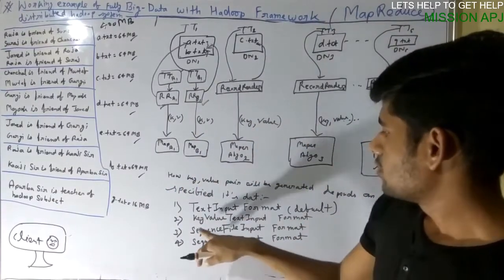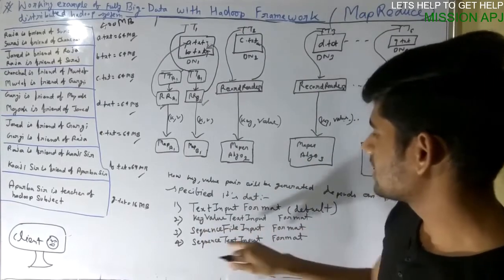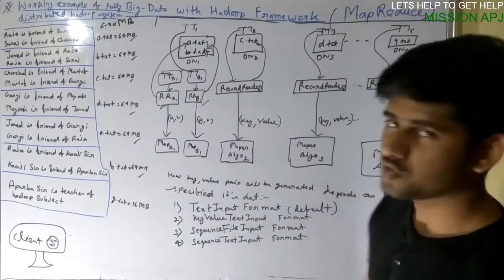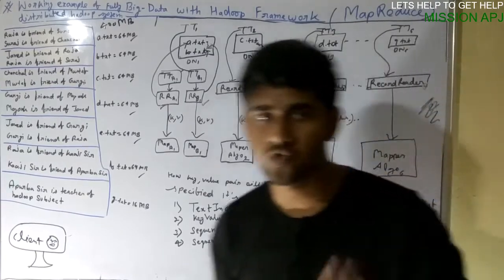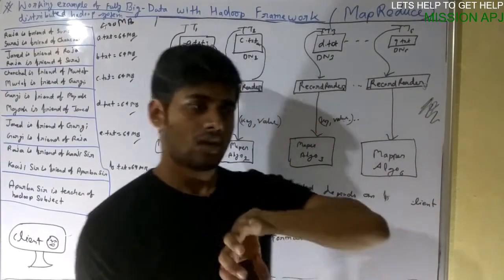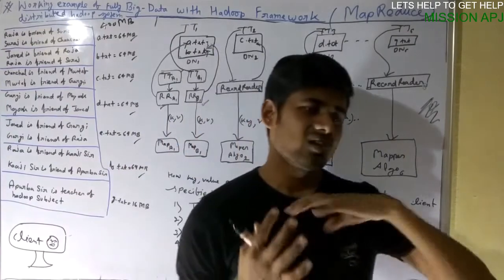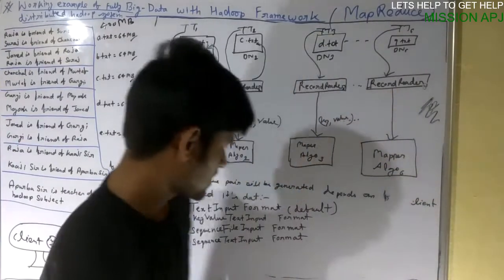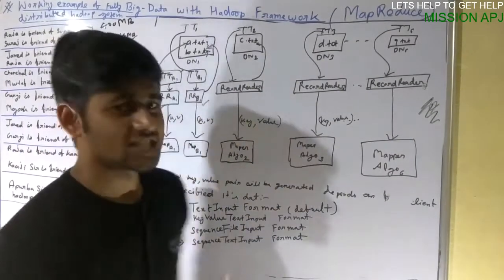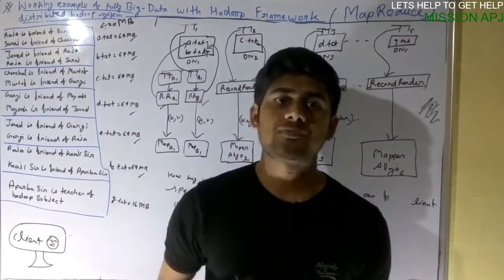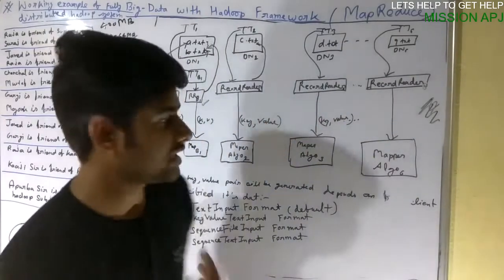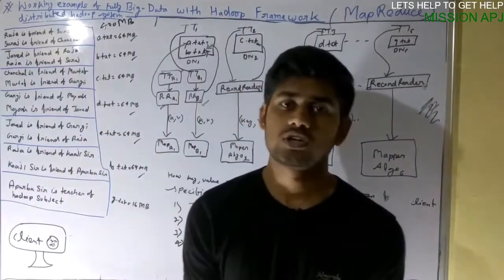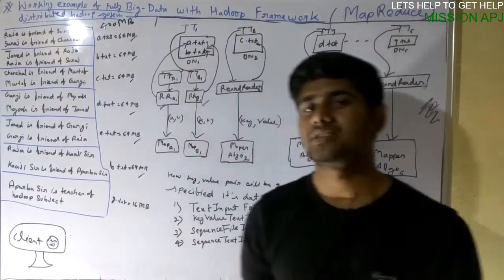One is text input format, another is key value text input format, sequence file input format, and sequence text input format. These are the four formats in which a client can specify its data type. Now if a client does not specify the type of its data format, then by default text input format will be applied by the Hadoop system.